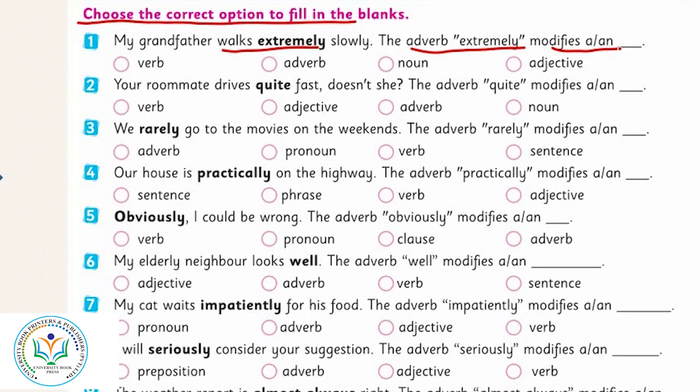Now you have to choose the right option and tell what this bold word extremely, which is an adverb, is modifying: a verb, an adverb, a noun or an adjective. Yes, slowly is another adverb in this sentence. So it is modifying the adverb here. Extremely is an adverb and it is modifying another adverb, slowly.